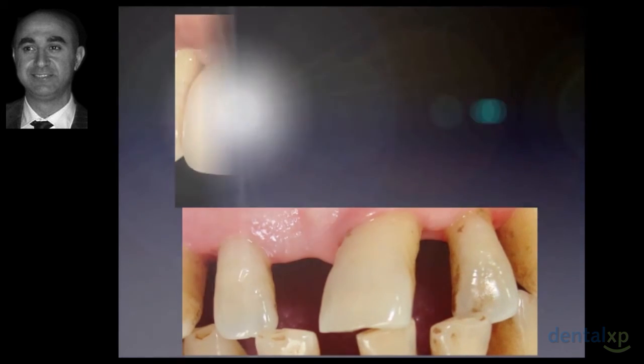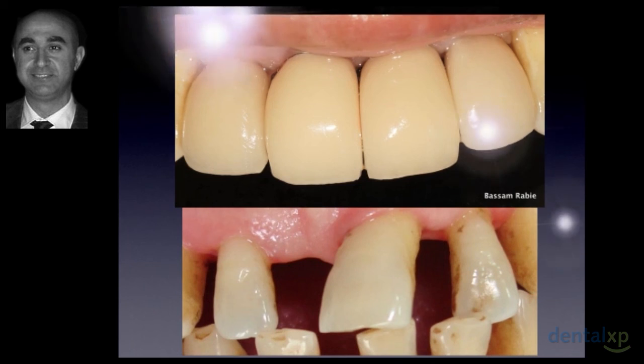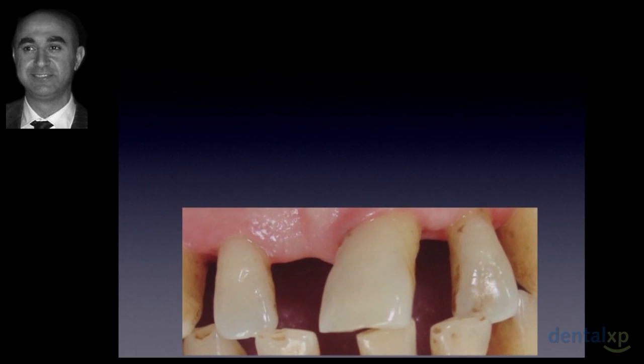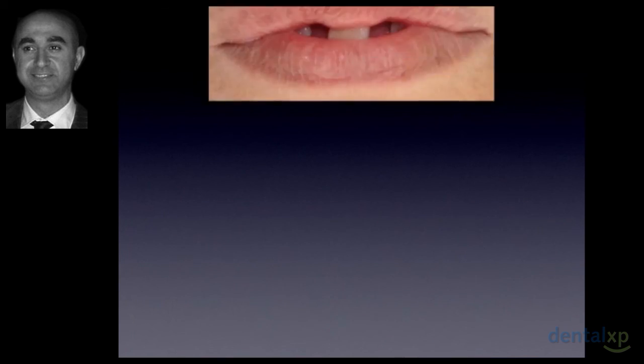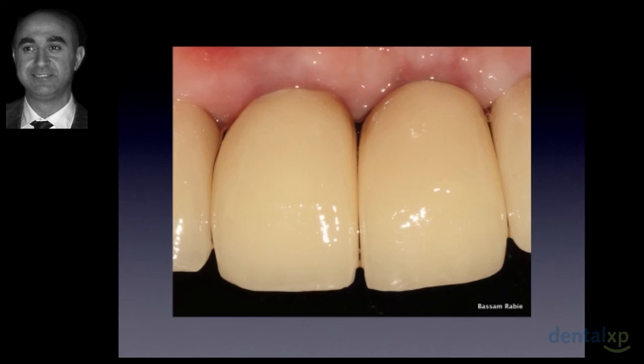And you can see how we started with this case and how we ended with this case. The patient was happy with what we reached with her. And again, just showing after several months of restoration, that's how we started, and this is how we ended with it.